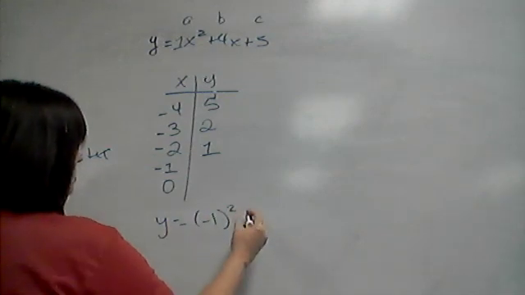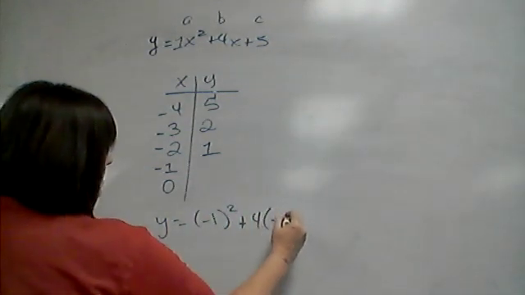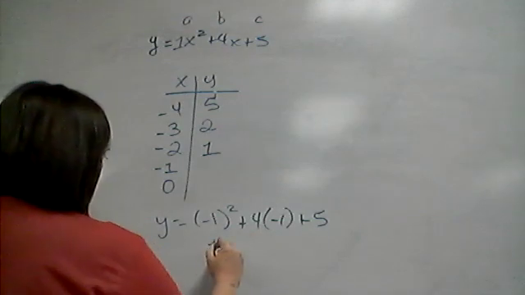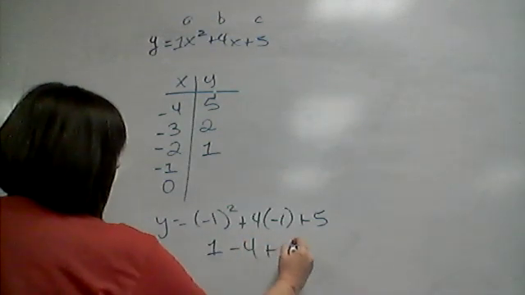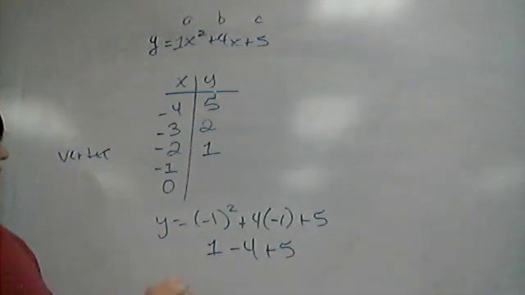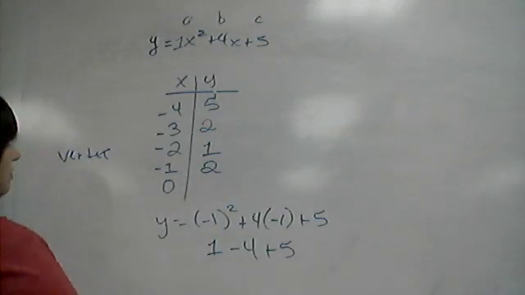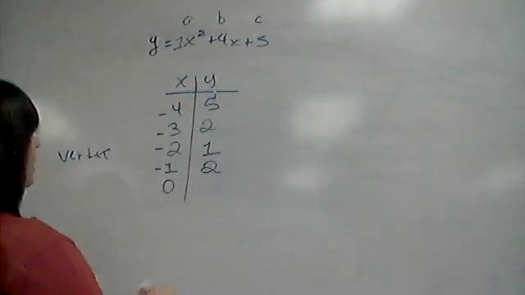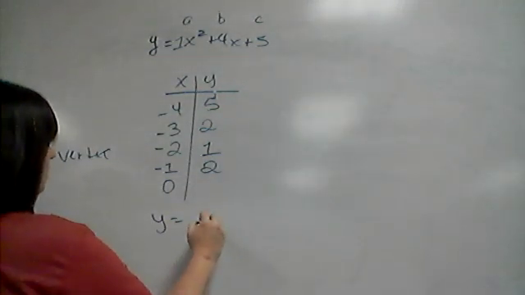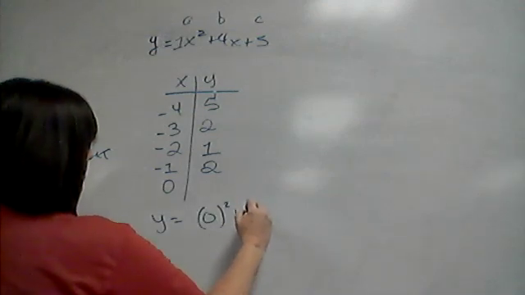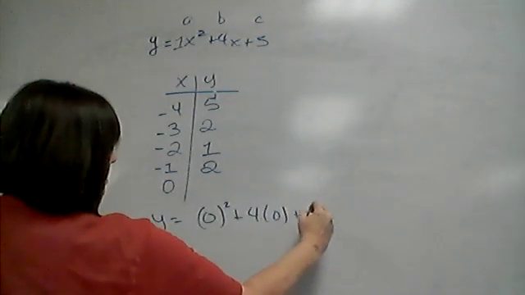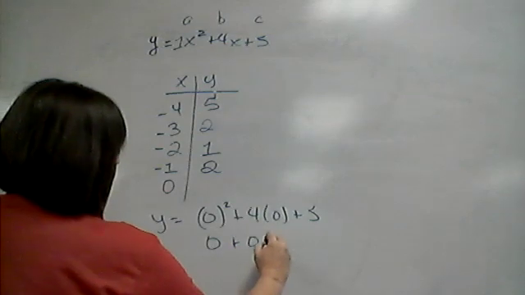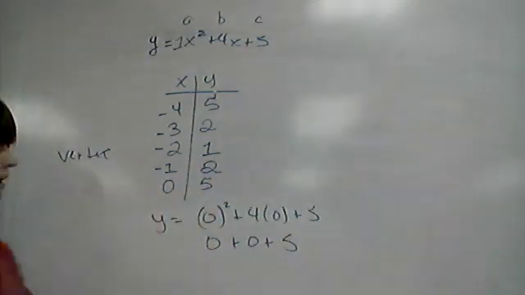So negative 1 squared plus 4 times negative 1 plus 5. So 1 minus 4 plus 5 is 6 minus 4. So that's going to give me 2. And the last one I'm going to put in is 0. 0 squared, 4 times 0 plus 5. So that's going to give me 5.